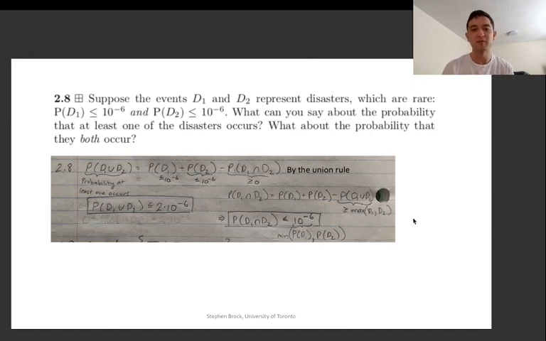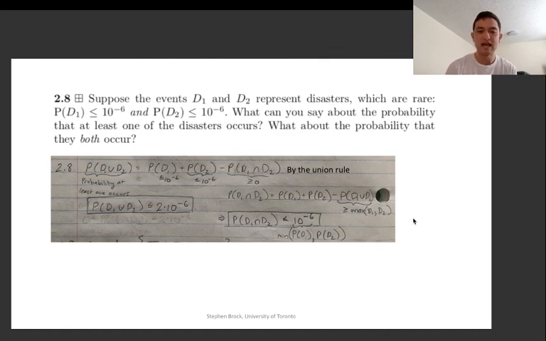So the smallest union that we can have is if the event D1 is completely within D2 or D2 is completely within D1. And it's easy to see that with diagrams, and that's why I probably should have drawn out some diagrams here, and when you're solving this, drawing out diagrams definitely helps.